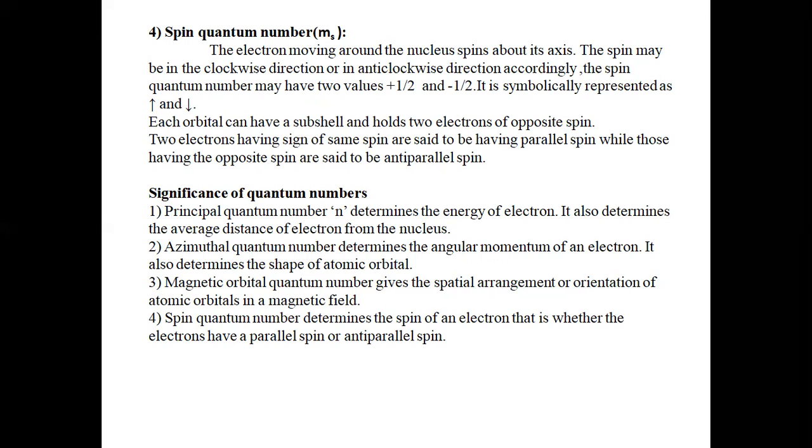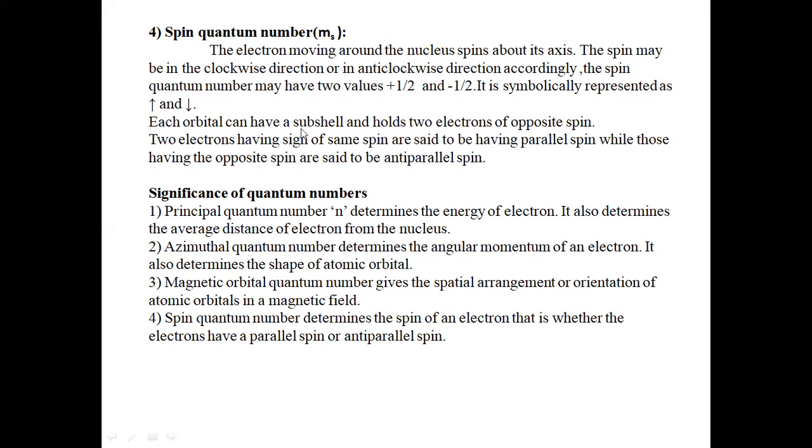The electron may spin in both the directions and accordingly the spin quantum number can have two values, plus half and minus half. This is symbolically represented as an arrowhead above and an arrowhead below.